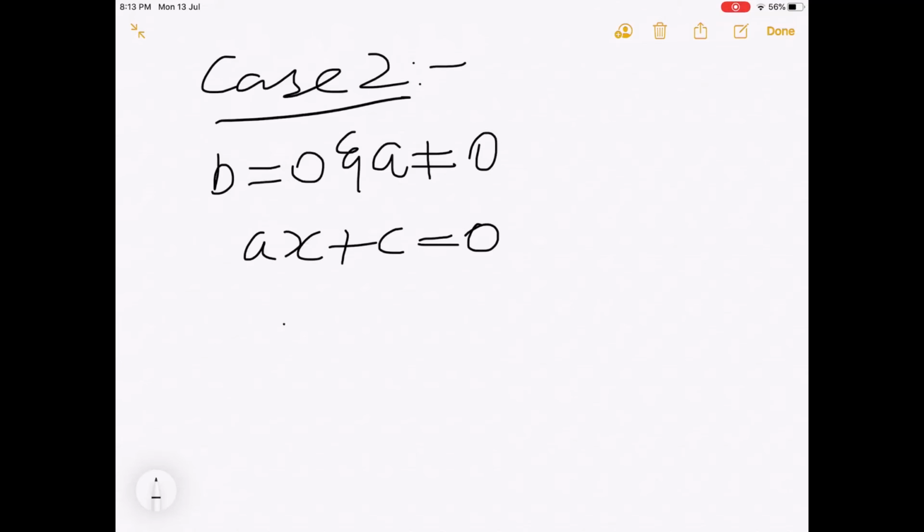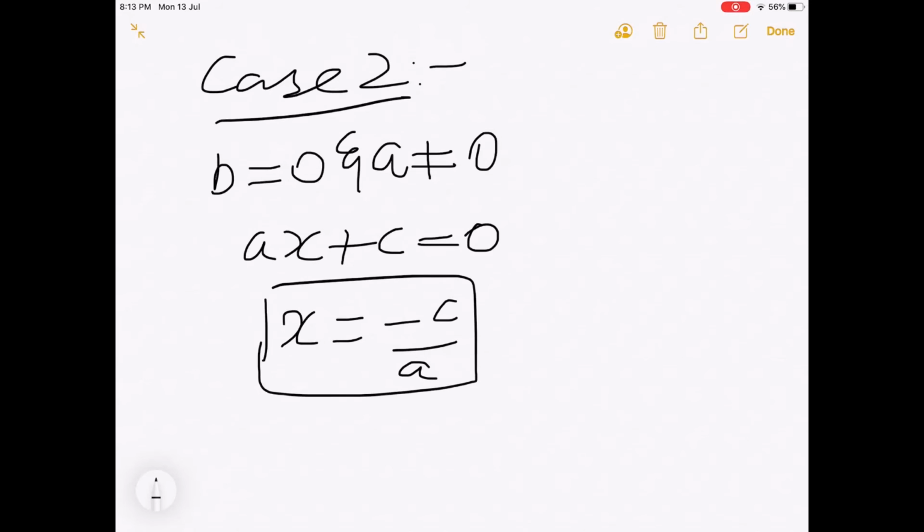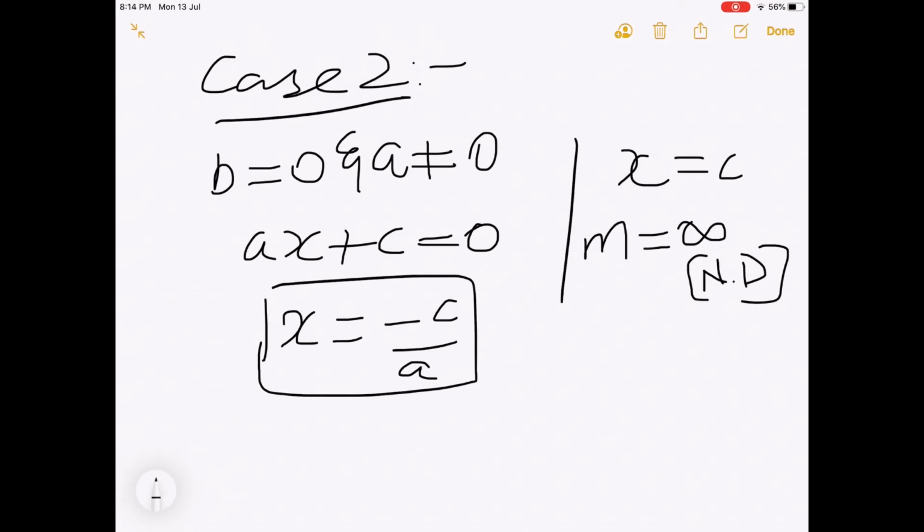So if you solve for x will be equal to minus c by a. And in this case, x is the constant and the slope is equal to infinity, that is not defined. Okay? Now case 3.